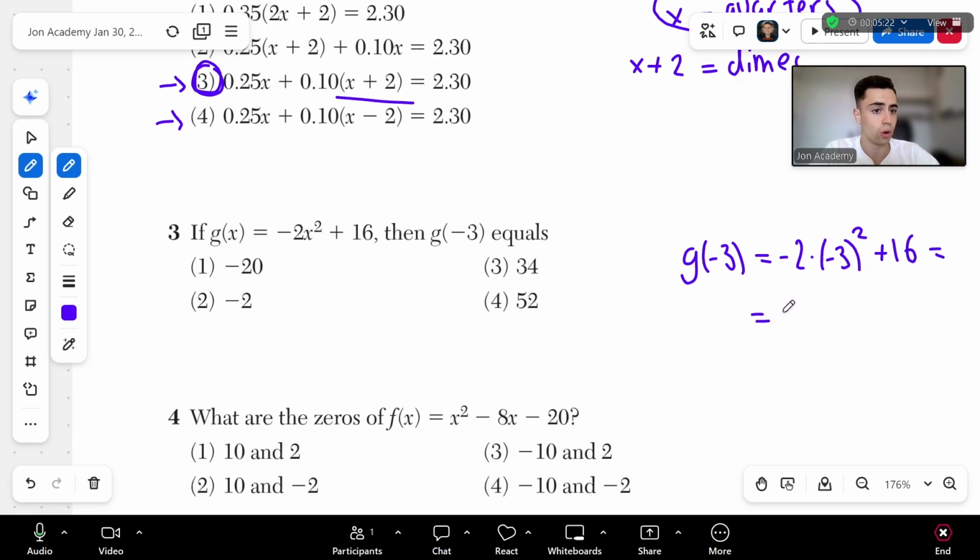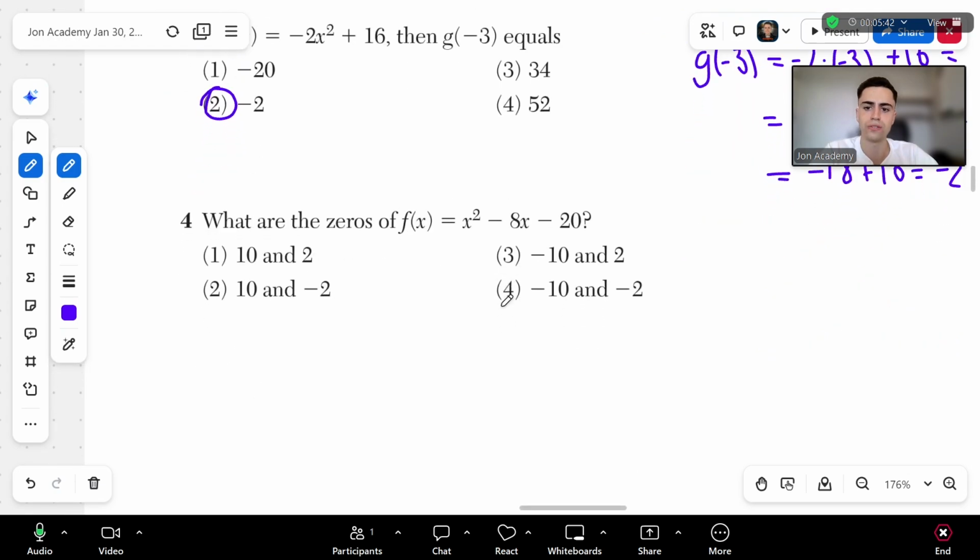First, following PEMDAS, we solve the exponents. So minus 3 squared is just 9, and then plus 16. So it's going to be minus 18 plus 16, which is minus 2. So we got the third option.